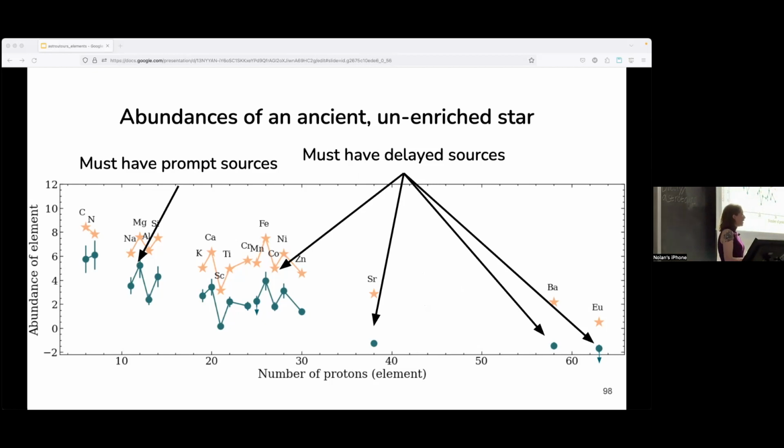There had to be enough time for these elements to be made and returned to the environment before the star formed. And so there wasn't enough time really to make any of these in other stars. And so there has to be some sort of delayed source, something that takes time to make.